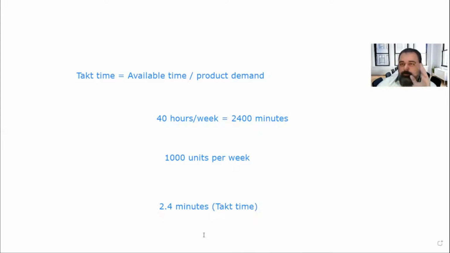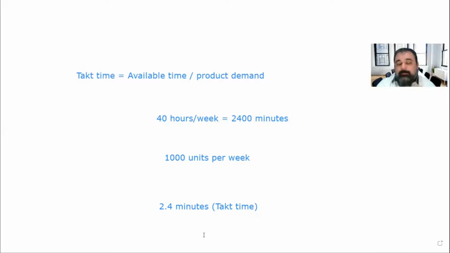So roughly every 2.5 minutes, a product should leave your assembly line. If we are talking about cars, for example, it means that one finished car should leave the company assembly line every 2.4 minutes. So what does it mean?